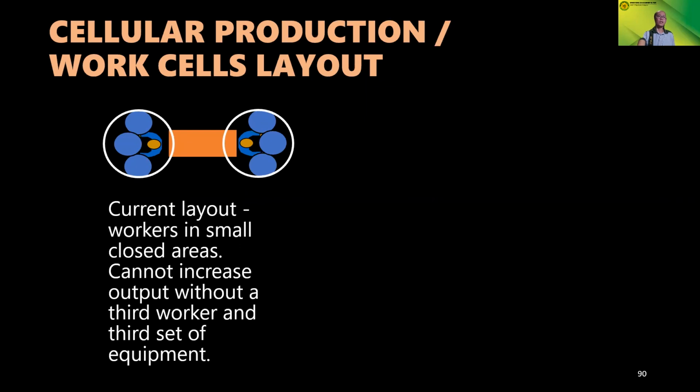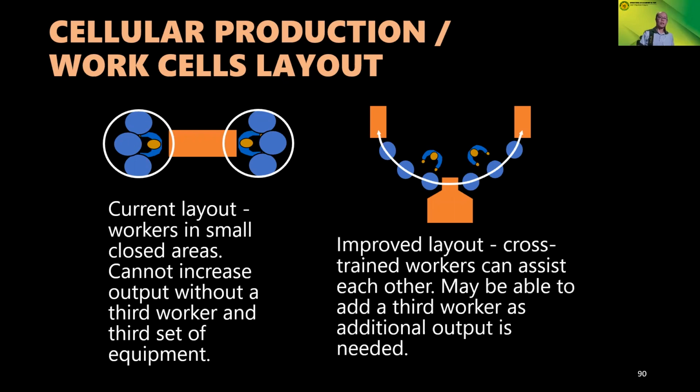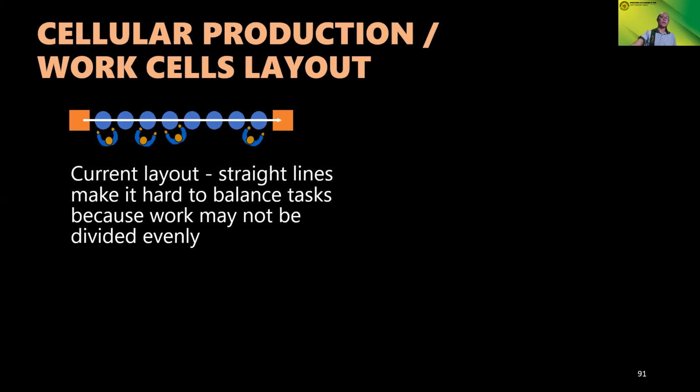So in the current layout, workers in small closed areas cannot increase output without a third worker and a third set of equipment. In the improved layout, cross-trained workers can already assist each other. They may be able to add a third worker as additional output is needed. Another example, in the current layout, straight line makes it hard to balance tasks because work may not be divided evenly.